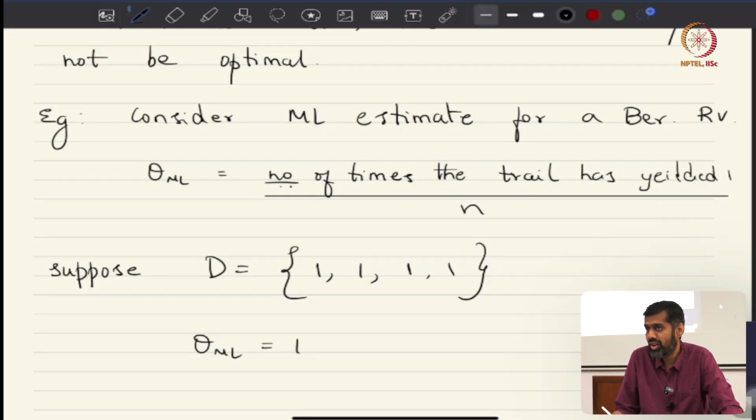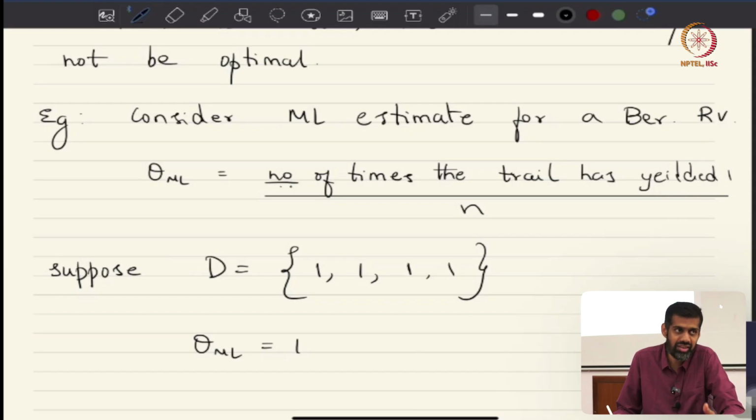Now, it depends on what the underlying reality is. Suppose our Bernoulli random variable corresponds to a fair coin, which means that we know that it is not a coin that has both sides the same.